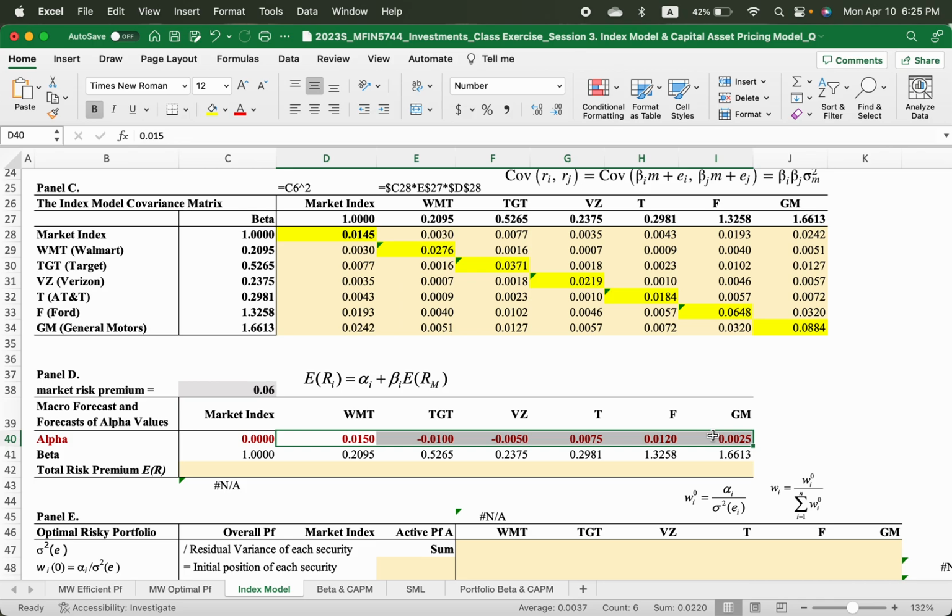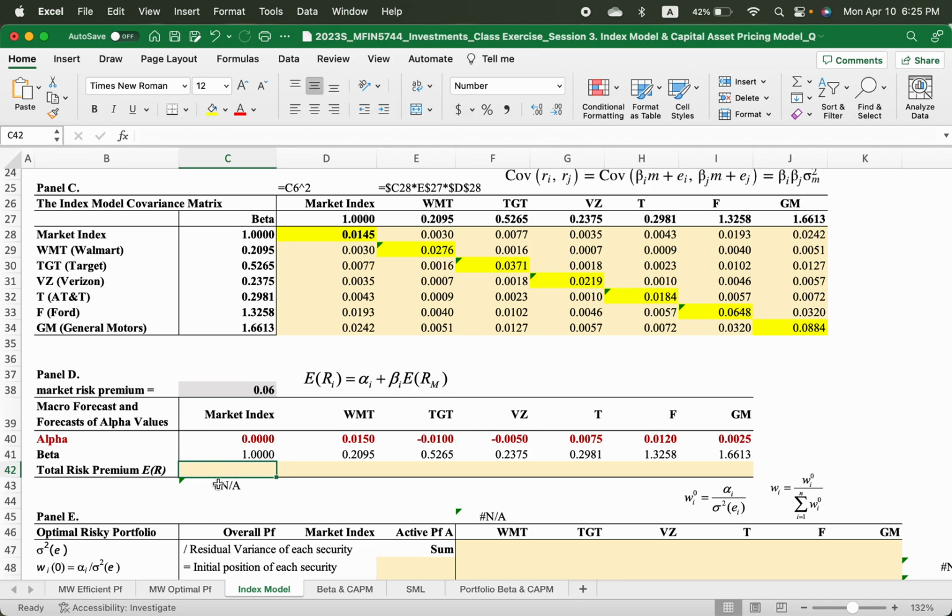But the alpha actually generates excess return at the end of the day. So here, the beta we collected from above, and the total risk premium, how to calculate this? Risk premium is excess return alpha plus beta times the market risk premium.